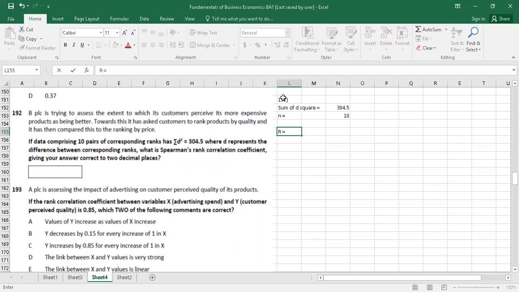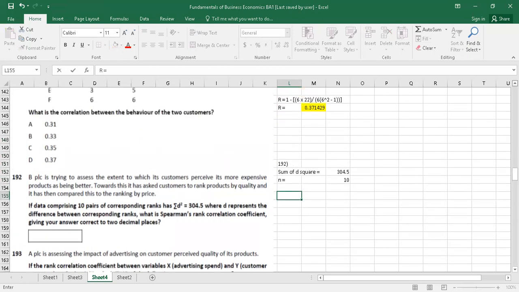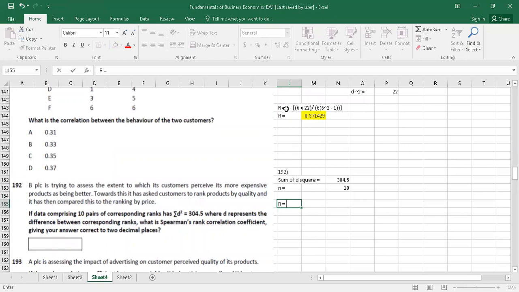R is equal to, the way we have written here, 6 into D square, which for us is 304.5. For us, N is not 6, N is 10.